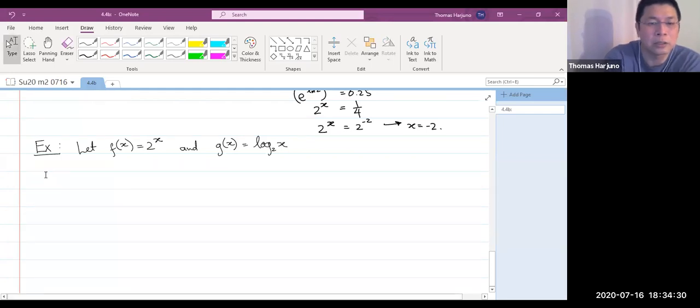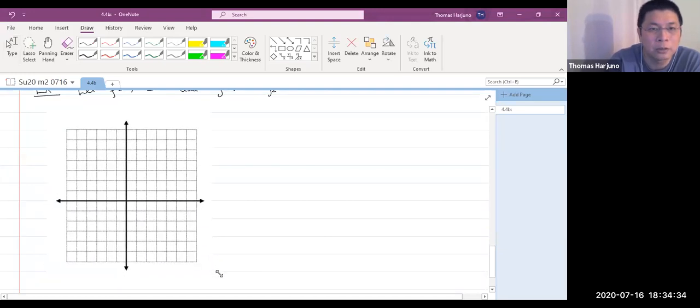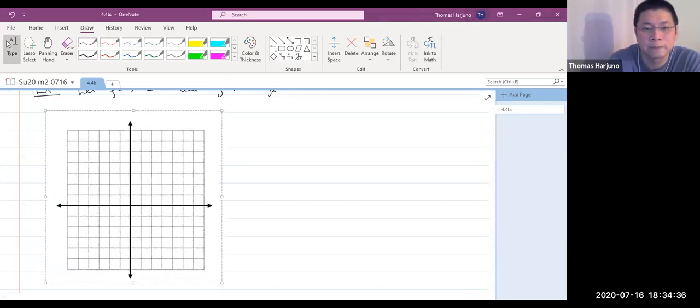Let's see, this is our graphing paper. Okay, maybe I enlarge that a little bit. Okay, now 2 to the x.